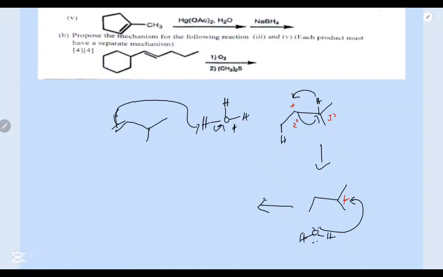Now the product here will be with a positive charge, one pair.